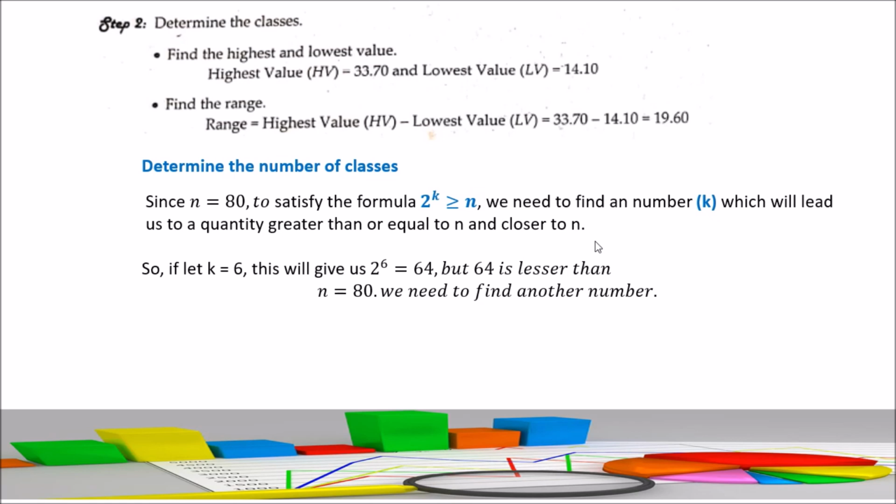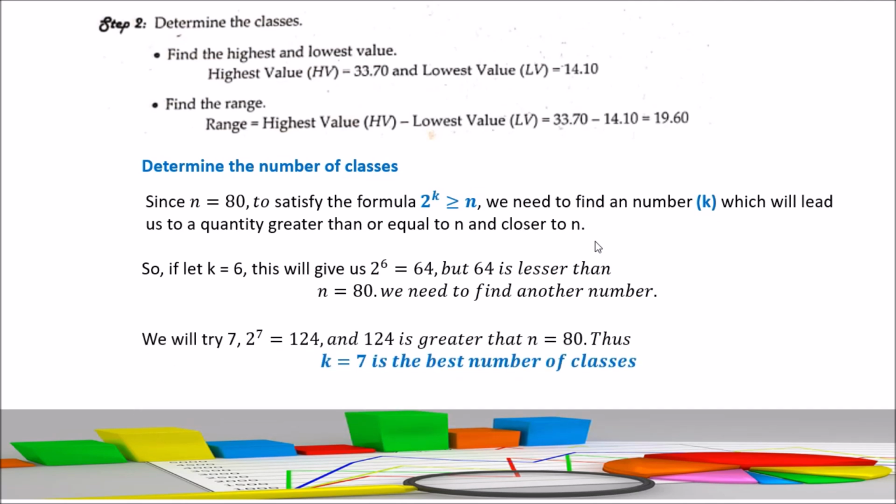But 64 is less than n equals 80. It does not satisfy our given formula, so we need to find another number. Next to 6 is 7. So 2 raised to the power of 7 equals 128, and 128 is greater than n equals 80. Thus k equals 7 is the best number of classes.